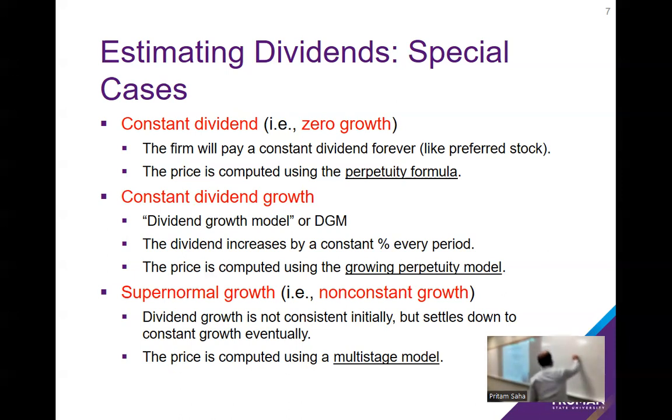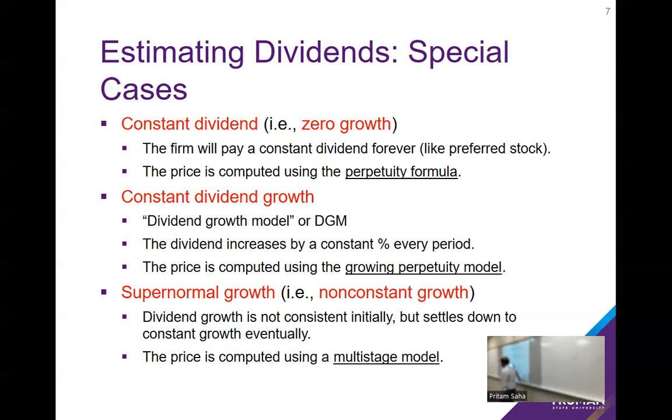So you can think of it as 1 plus 0 growth each year. Constant, flat, zero growth. What could be an example of this kind of dividend payment? Fixed dividend, preferred stock. We'll talk about how to value preferred stock on the next slide.